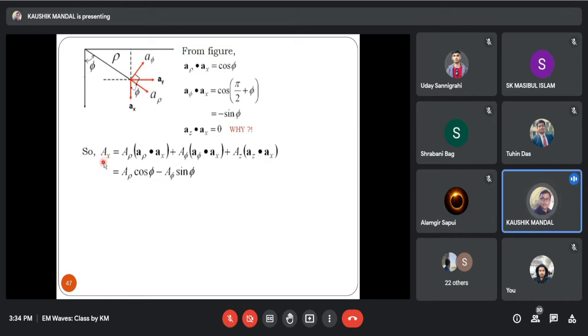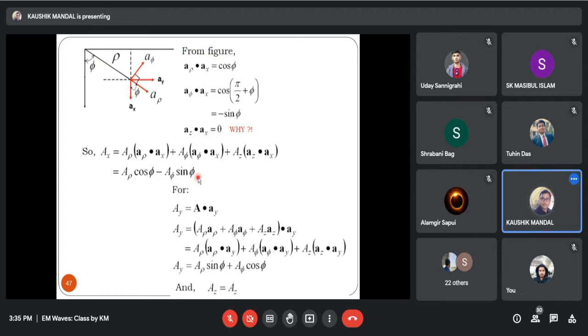So now you can easily write down the equation of ax in terms of the cylindrical coordinate system. So it is equal to a rho of cos phi minus a phi of sin phi. Same way you can write down ay.